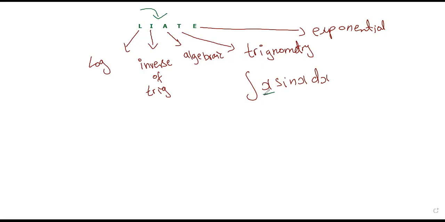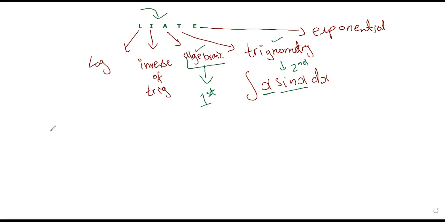We have x is an algebraic function, and sin x is a trigonometric function. So this comes first and this comes second, because in this order, algebraic comes first.